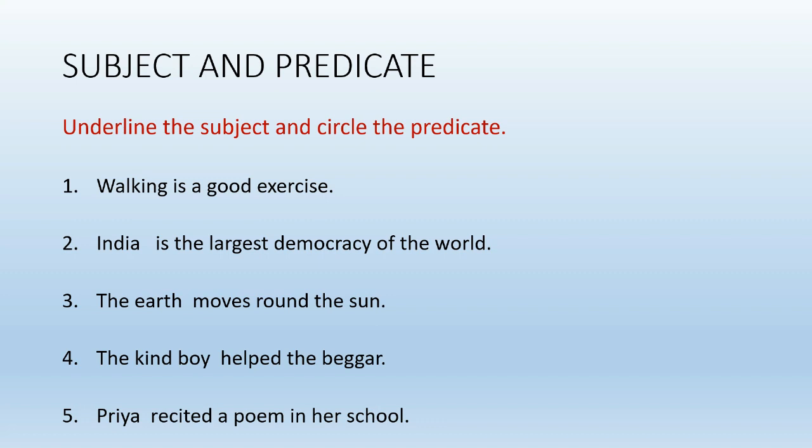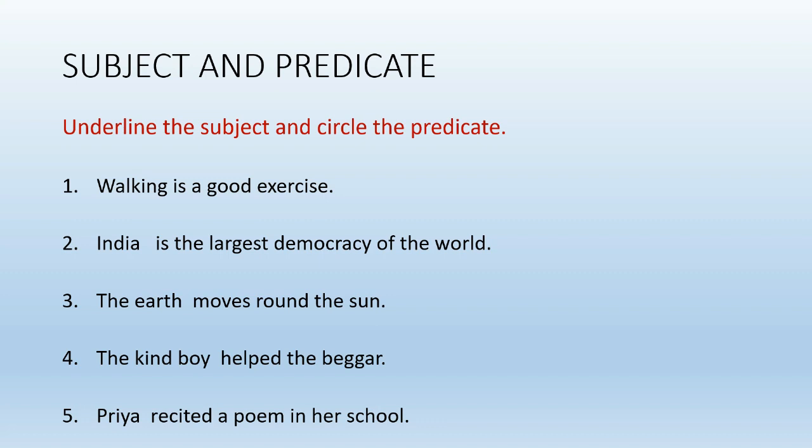And what we say about that subject is called the predicate. So let us check with these sentences, and here the question is underline the subject and circle the predicate.